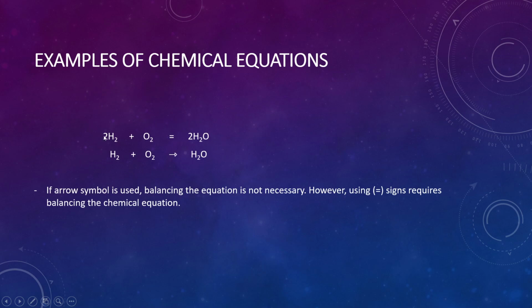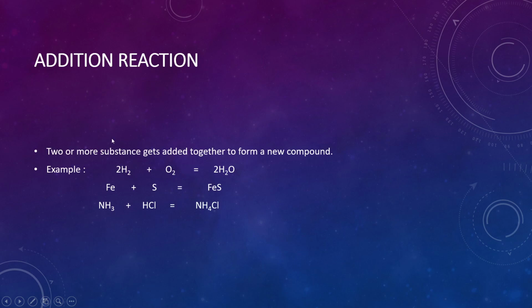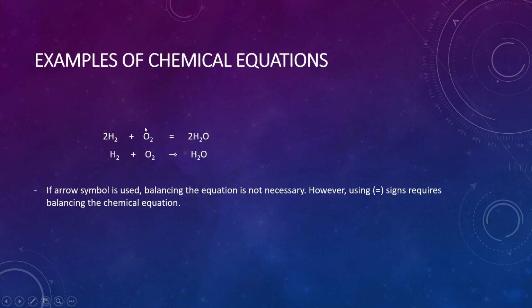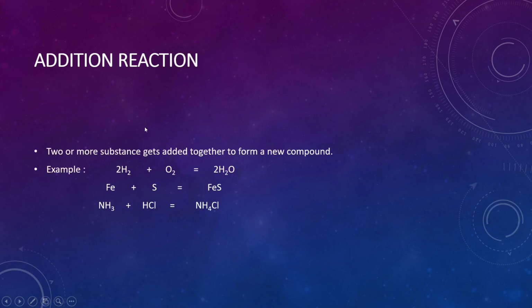The details are written in your textbook, so you can check your textbook for how a chemical equation is balanced. It's a very easy process, and you should have covered this topic in some of your classes, so I'm not getting into details about that.